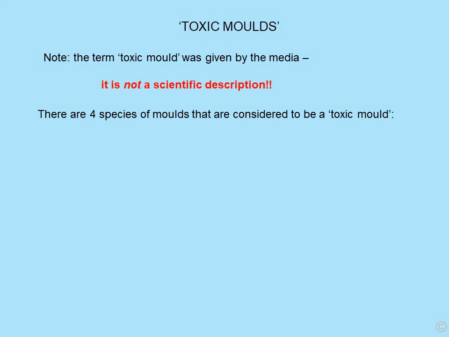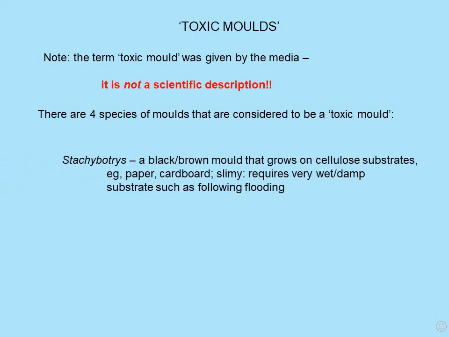But in this media description there are 4 species of mould that are considered to be a toxic mould. The most common is Stachybotrys atra. A black-brown mould, it requires cellulose substrates. It's slimy and requires wet, damp substrates such as following flooding. It is a tertiary colonizer. It needs wet stuff.